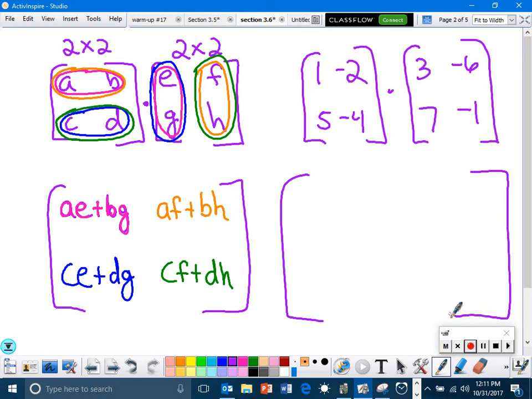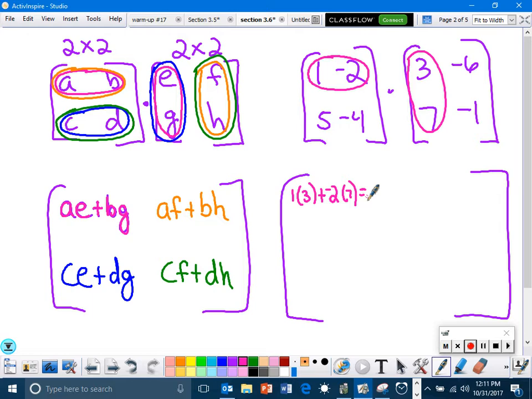Okay, so let me color code in the same way. I'll start with the pink. So we're going to take the first row and the first column, and we are going to go 1 times 3 plus -2 times 7.